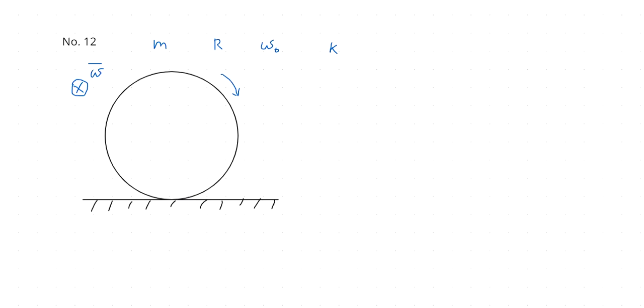Okay, this vector is defined. And do you have any ideas how to solve this problem? Maybe in another way, what is the first step in solving every problem in dynamics?